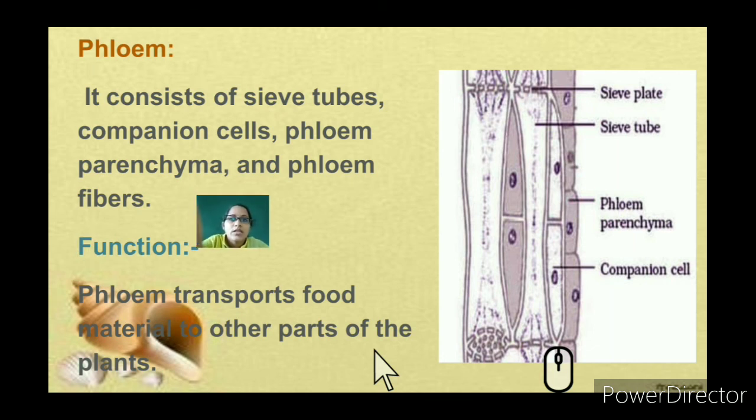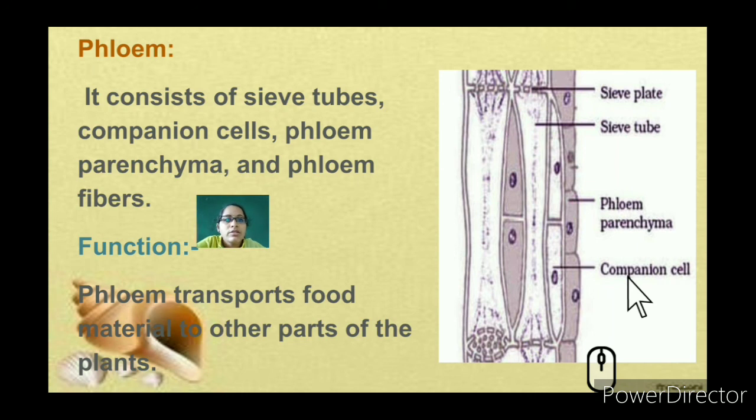So next we can see the phloem. It consists of the sieve plate, sieve tube, phloem parenchyma and companion cell. We have already seen what it consists of, so let's understand the function of phloem. Phloem transports food material to other parts of the plant.